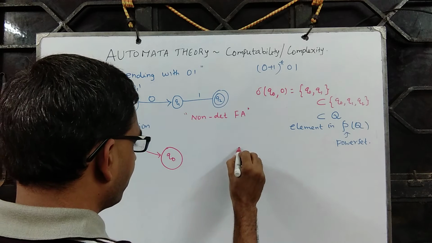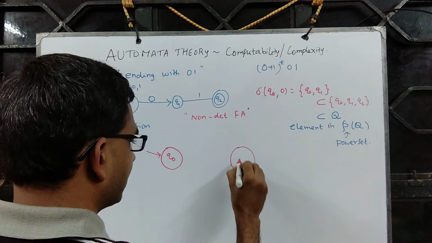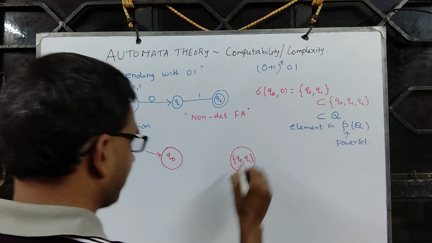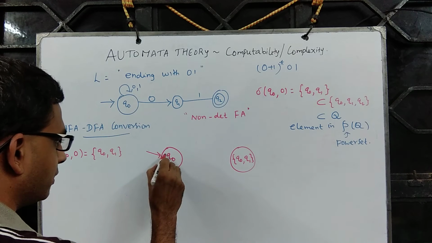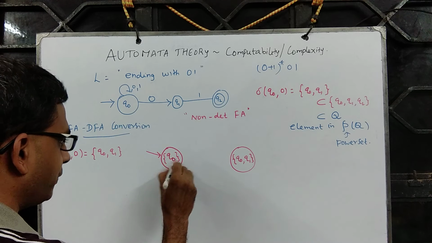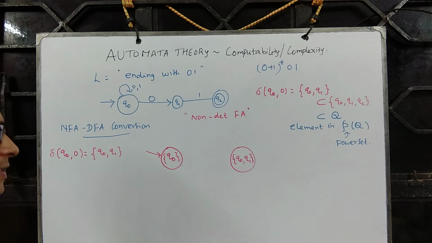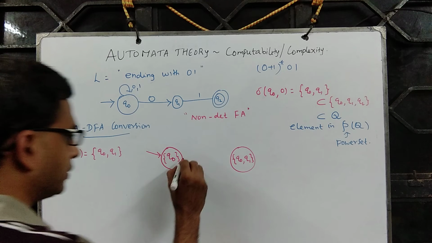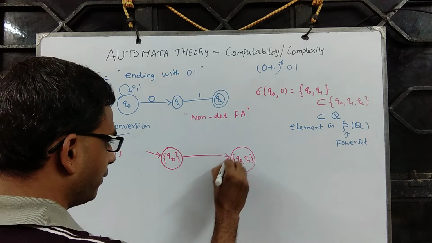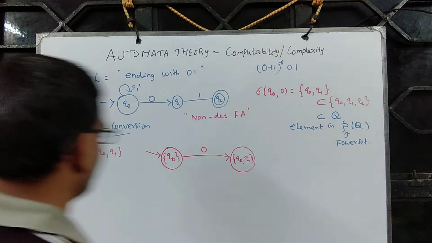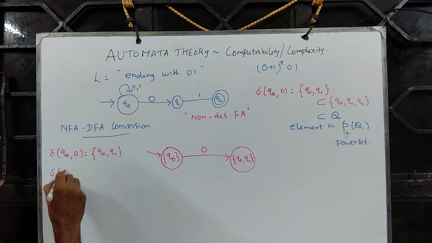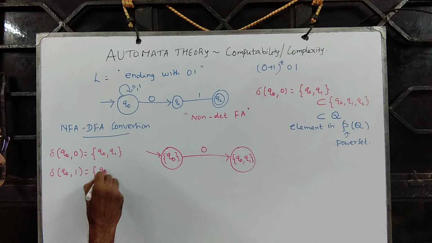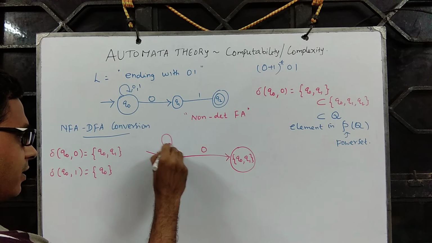We create a state which is labeled {q0, q1}. To maintain consistency, even this I list as the set containing q0. So on reading 0, we go to this state. Then delta of q0, 1 is q0. So we stay in this state.